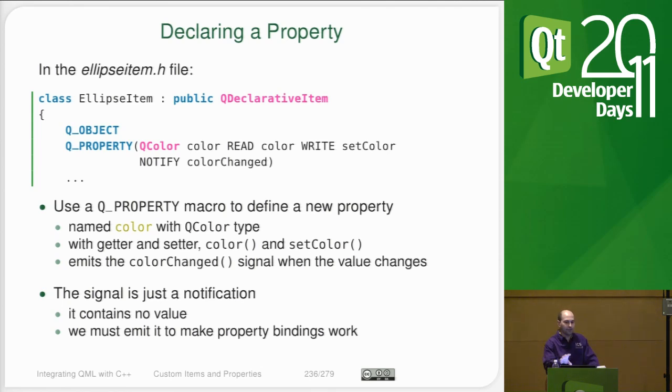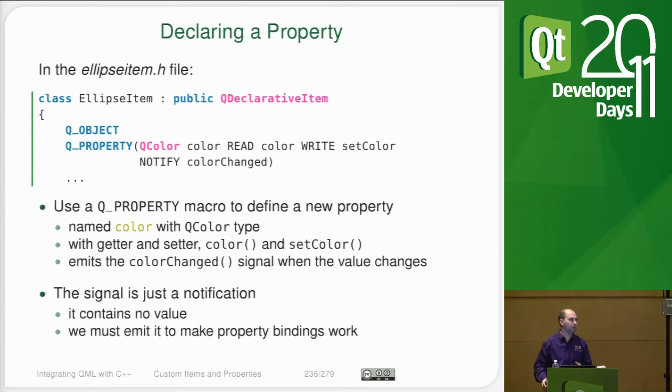This is an opportunity that you don't have in straight QML, that you can make read-only properties by manipulating the Q_PROPERTY macro. So if you didn't have a write function, then you would be read-only. And if someone tried to set your value, the QML runtime would complain and say that is a read-only property.